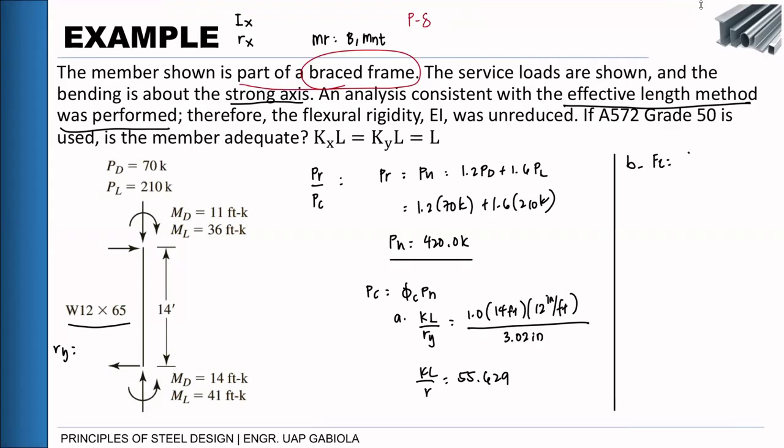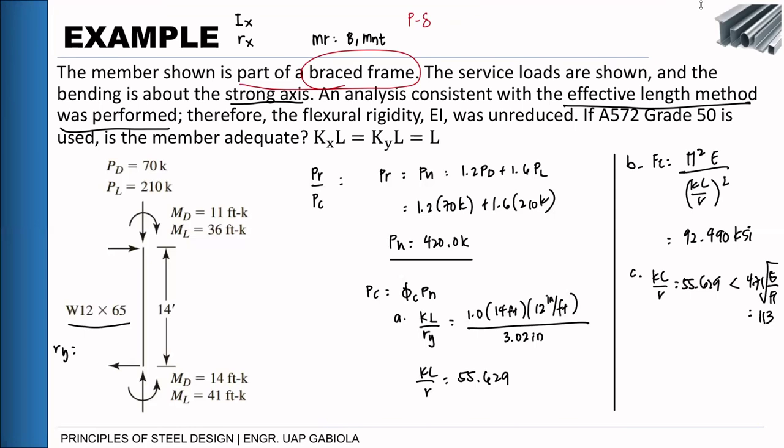Once we have that, we can now calculate the value of our Fe, which is pi squared E over (KL over r) squared. Substituting the values: pi squared, 29,000 over that answer squared, that is 92.490 ksi. Then, to get Fcr, we compare our KL over r of 55.629 with 4.71 square root of E over Fy, which is 113 point something.